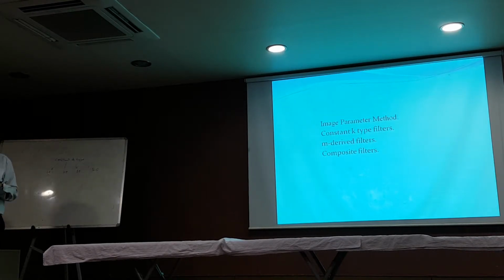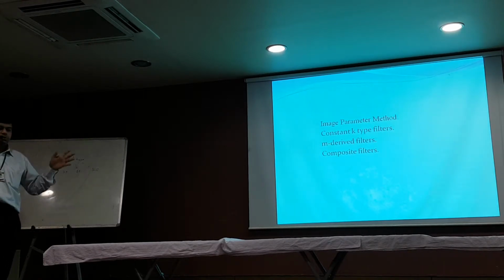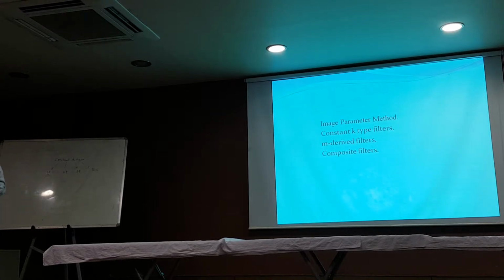From the students' point of view, these are the type of questions in which they should know all the derivations. That is, suppose there will be the T section circuit over here, and the pi section circuit over here. Students should know the derivations of it. They should know every value of L and C, or 2C, 2L, whatever has come over here.